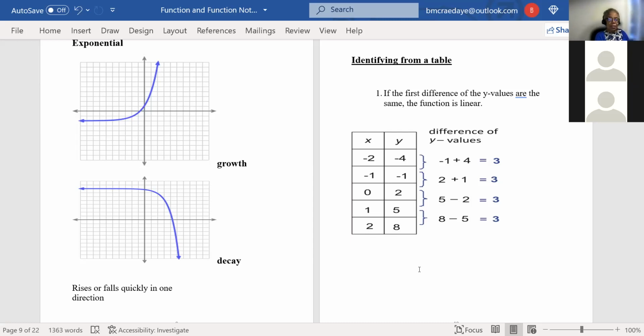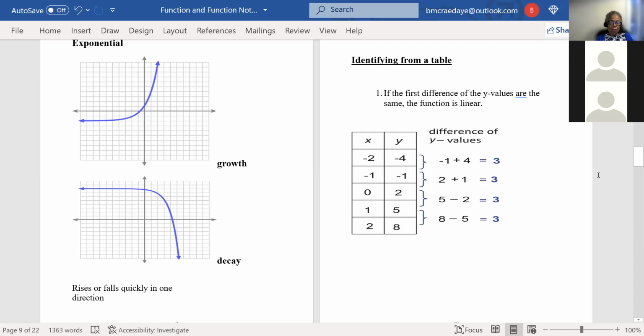Okay, so you get the difference in just the Y values. If they are the same, then you have a linear function. They all have to be the same value for linear. All the X values have to differ by the same amount.